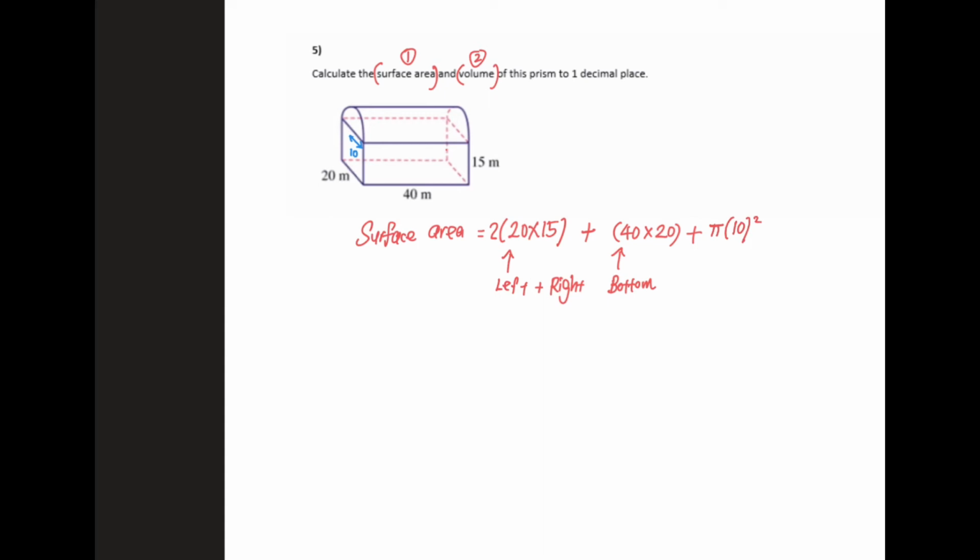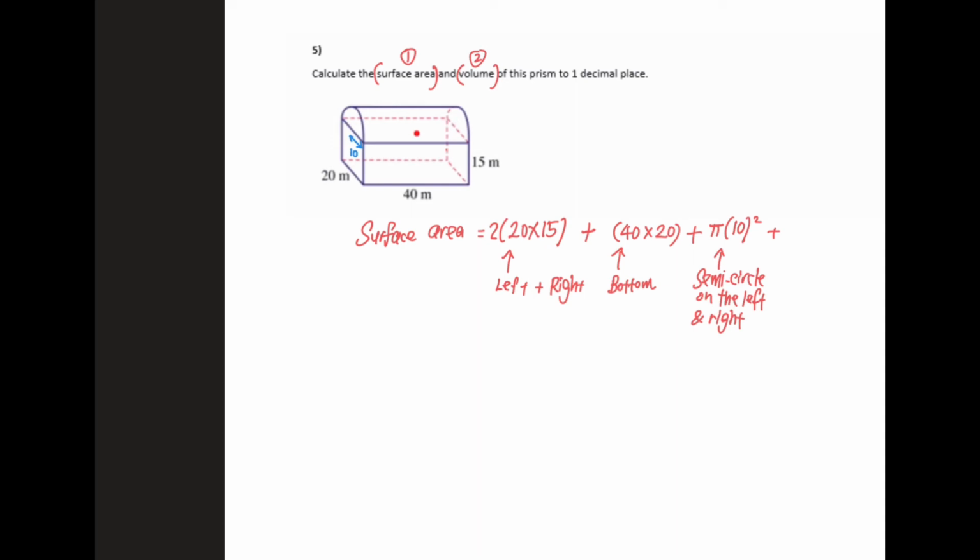So this will be the semicircle on the left and right. Plus, we also have a curved surface on top.